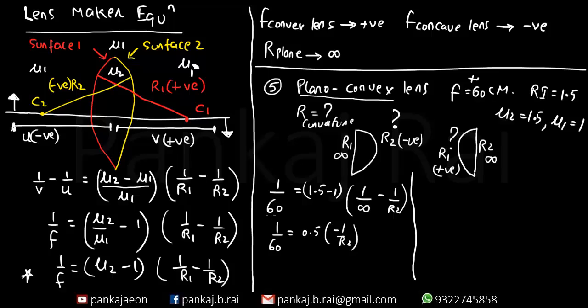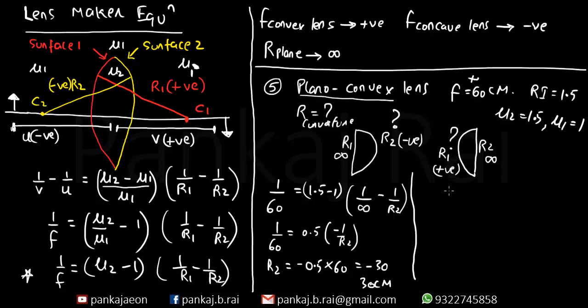Now we are expecting r2, so let us cross multiply. r2 will go here, 60 will come here, so r2 is equal to minus 0.5 into 60, which is minus 30. So r2 is coming as minus 30. Now minus 30 only means that its center is on the left hand side, but the radius of curvature will be 30 centimeter. That's all we will state.